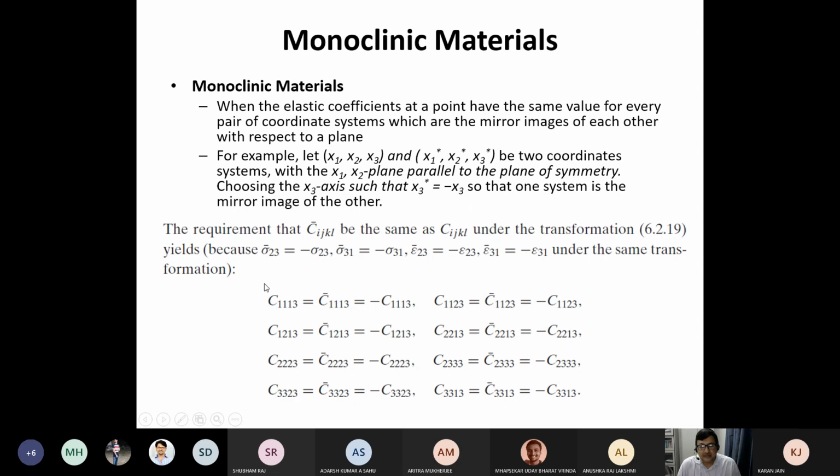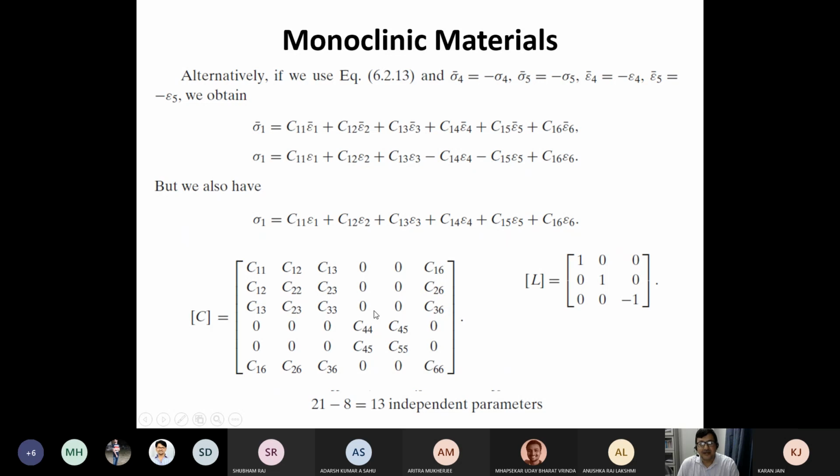Right? So in that sort of situation, you put some sort of symmetry argument like this, in order to really cancel a few coefficients, right? Leading to what? Leading to, in 21, you get rid of 8 by considering the material to be a monoclinic material.